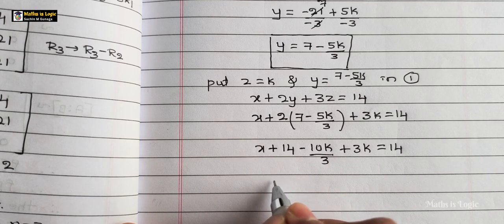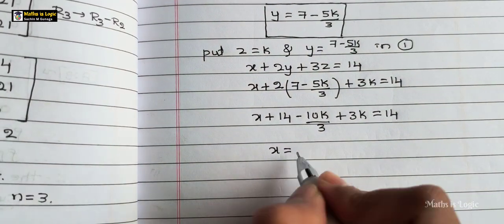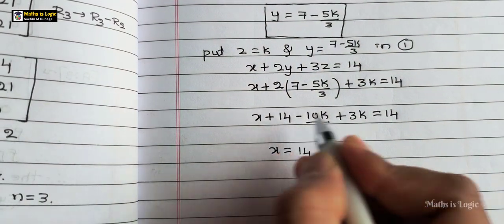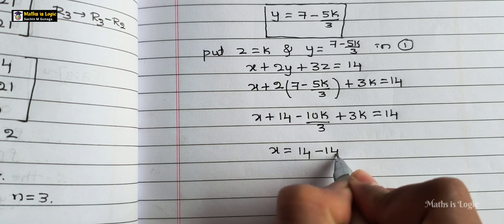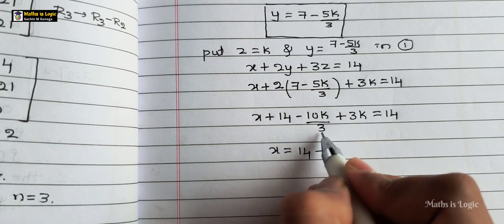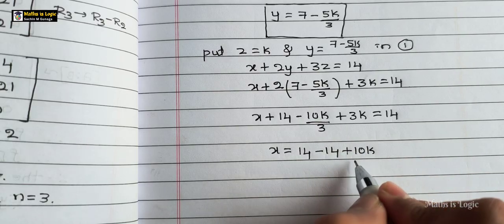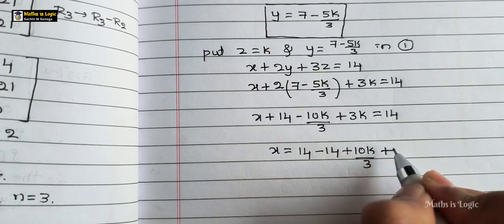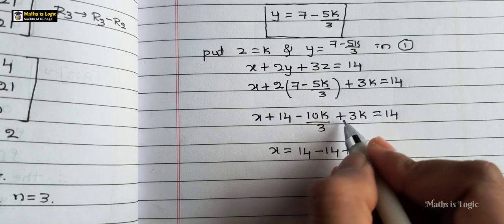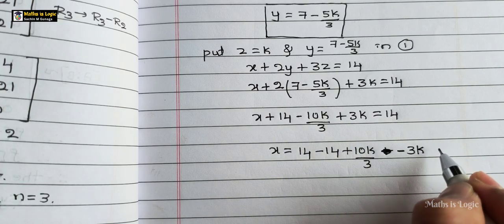Therefore x is equal to, already on the right hand side 14 is there, keep it as it is. This 14 becomes minus 14, minus 10k divided by 3 becomes plus 10k divided by 3, plus 3k becomes what here? Minus 3k.